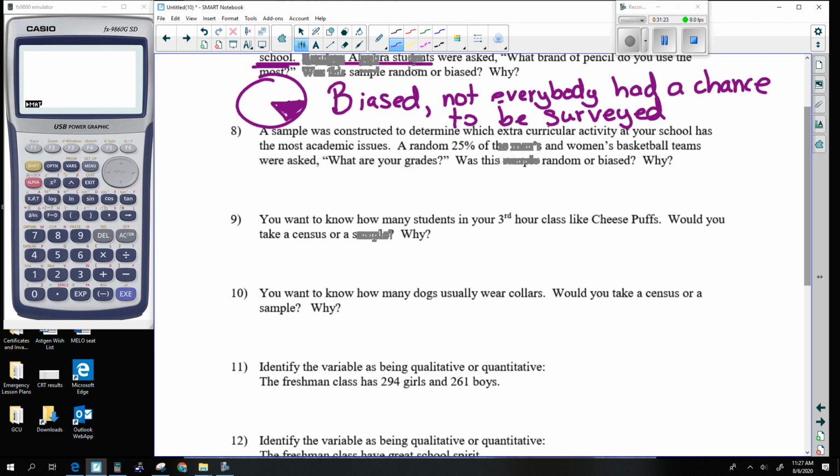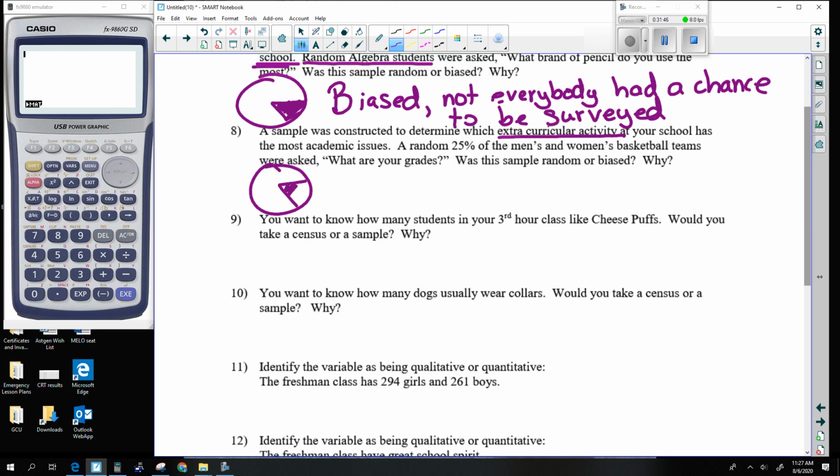A sample was constructed to determine what extracurricular activity at your school has the most academic issues. Okay, so extracurricular activities are your population, so all extracurricular activities. The random 25% of the men's and women's basketball teams were asked.